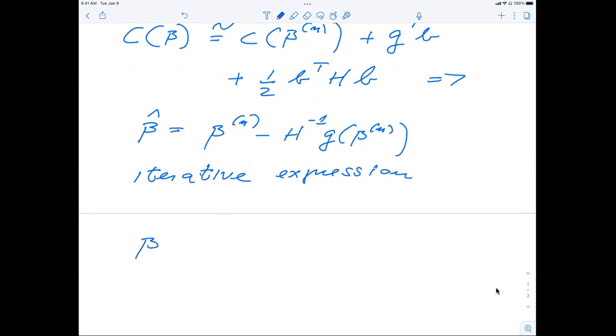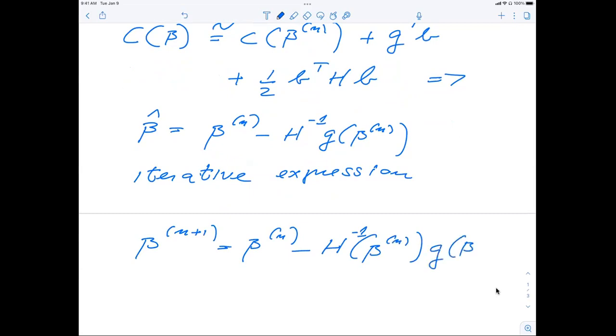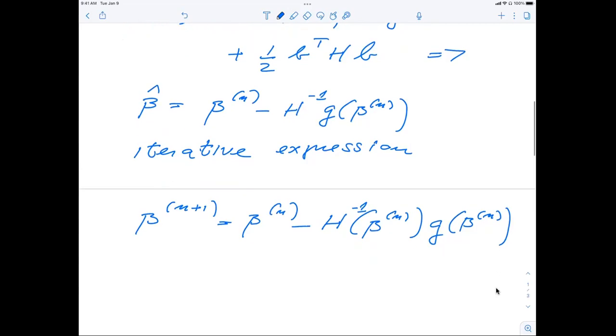Instead of writing beta hat, we have beta n plus 1, which is simply given by beta of n minus the Hessian matrix, which is also evaluated at this point beta of n, multiplied with a vector G, which is a gradient, evaluated at this point beta of n. Now, this is the kind of iterative scheme we get in case we cannot solve equations analytically.